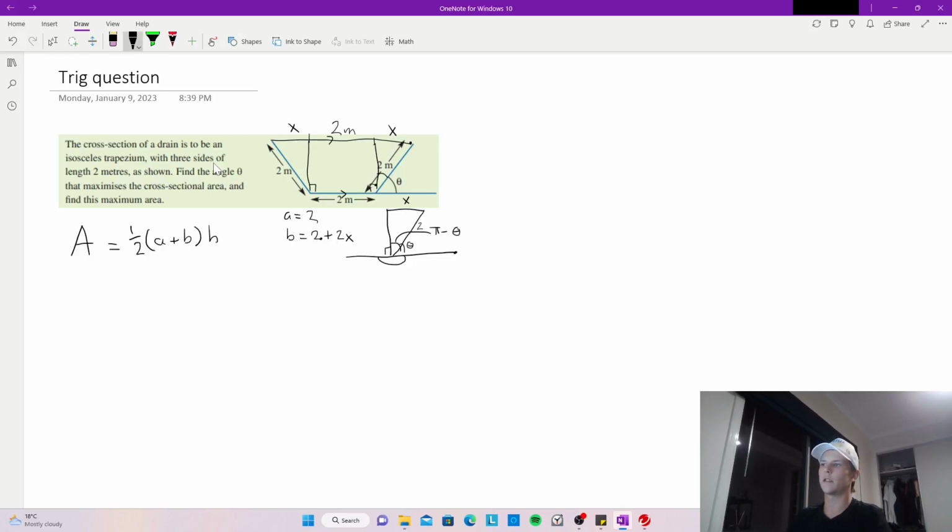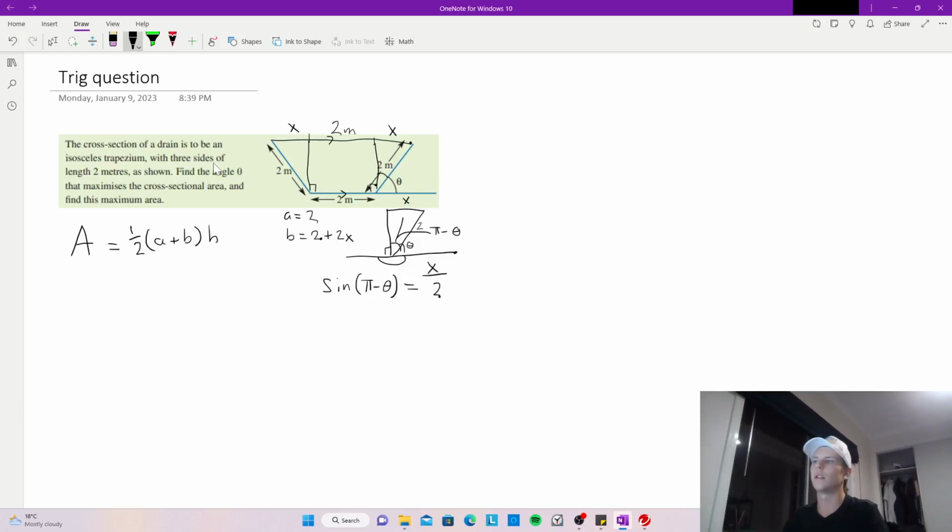So therefore x, using our trigonometric functions, we're going to know that sine of pi minus theta, which is the angle in here, is equal to opposite over hypotenuse. So that would be x, because that's opposite, over our hypotenuse, which is 2.